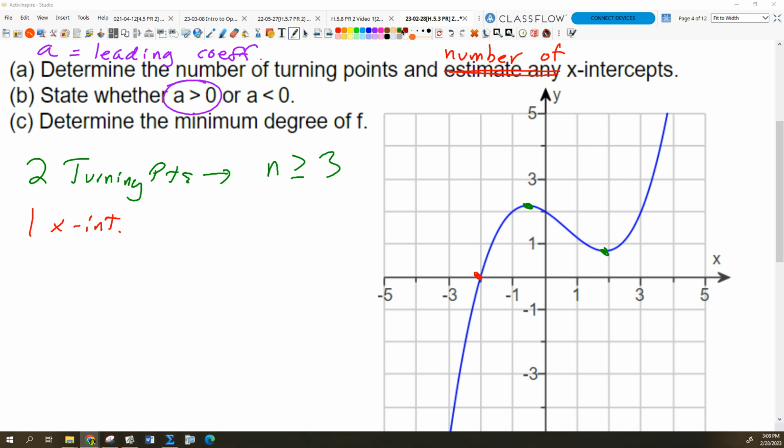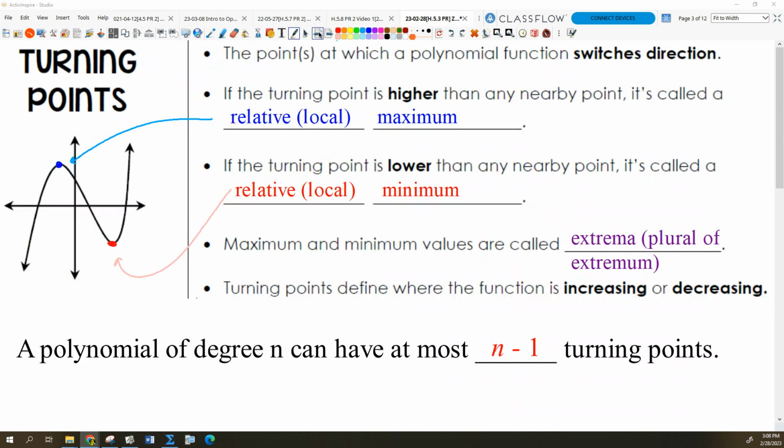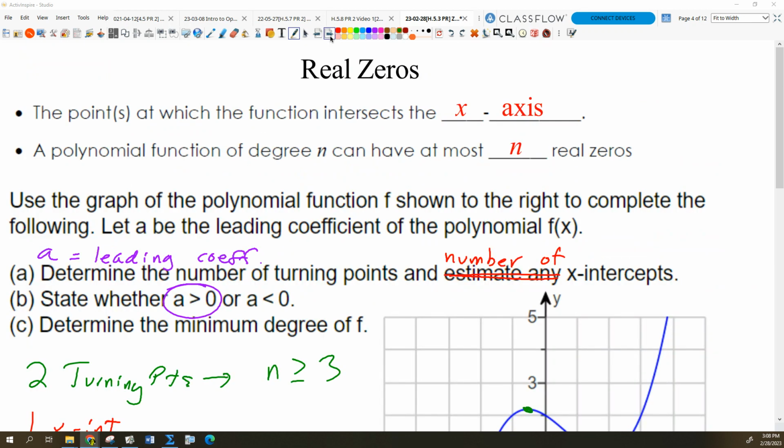Right, okay, so in other words, we said that the degree of the polynomial is equal to the maximum number of x-intercepts, right? Let's go back to the last page for just a second. Here's the statement, right? An nth degree polynomial, where is this? Is it on this page? Yeah, it is, right here.